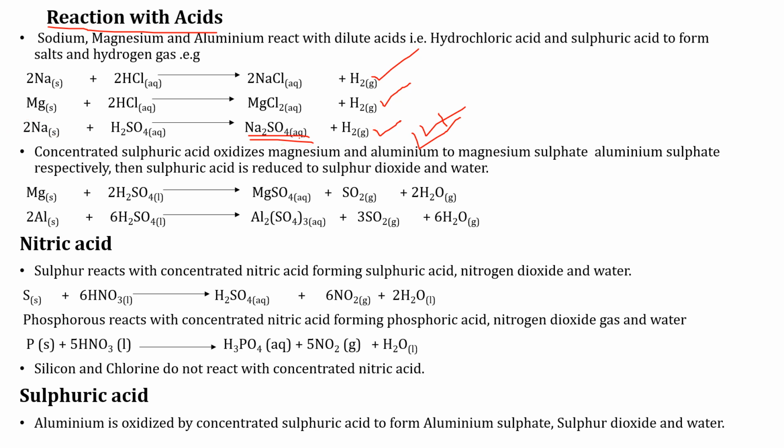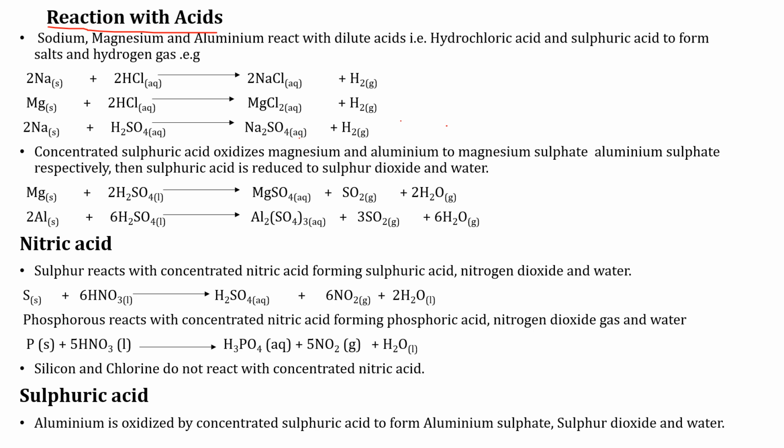So proceeding, we are saying that concentrated sulfuric acid oxidizes elements magnesium and aluminium to their respective sulfates, and the acid is reduced to sulfur dioxide and water. Now, whenever you are dealing with an equation involving oxidation, it's always advisable to write it in this format.